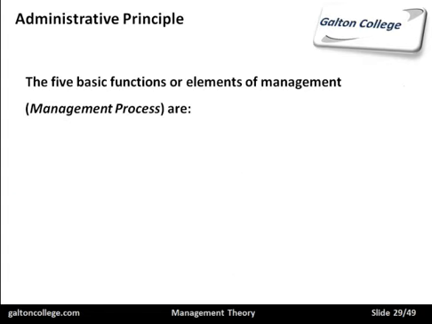Now, according to this view, the administrative view, there are 5 functions or elements of management. The first one is planning. Clearly, the business has to be planned. The way forward has to be planned. It has to be organized, otherwise there'll be chaos.